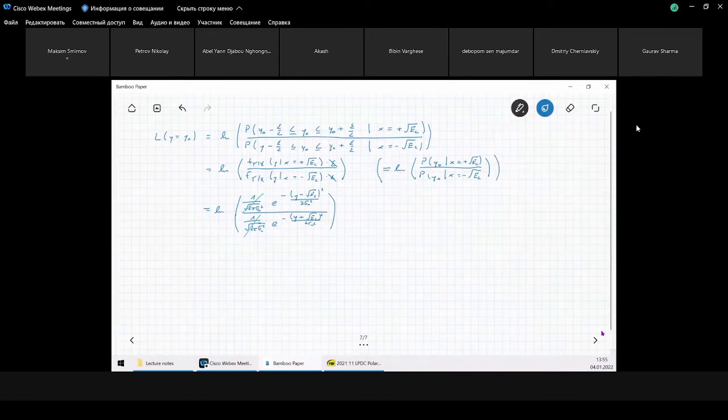We have the quotient between these two exponential functions.